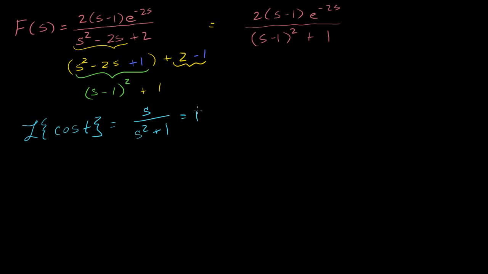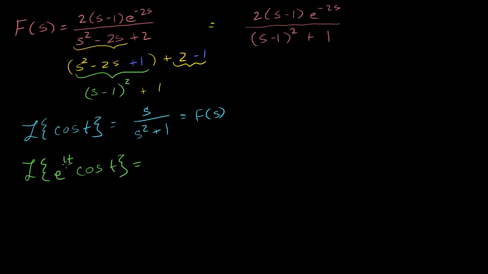Well, let's ignore this guy right here for a little bit. From the last video, what if we took the Laplace transform of e to the 1t times cosine of t?